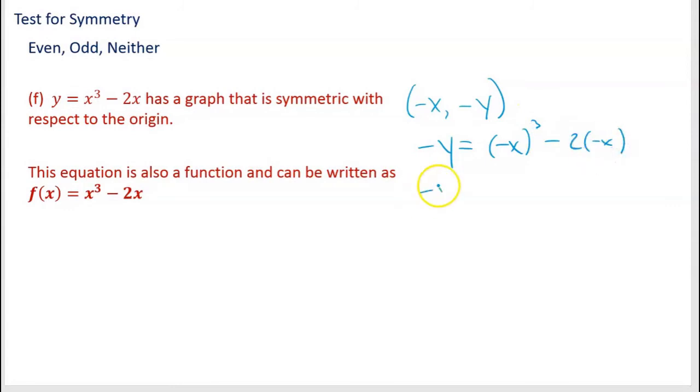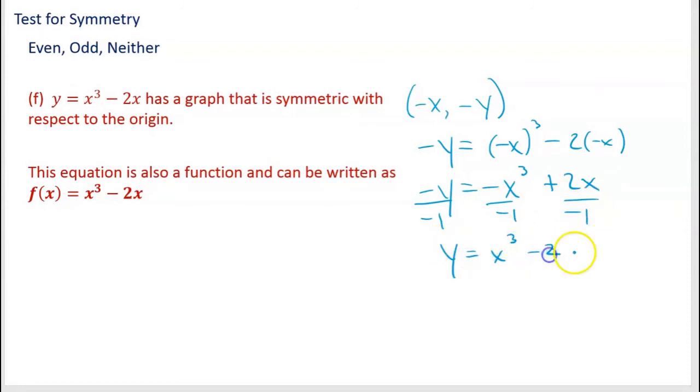I simplify, that gives me negative y equals, now negative x to the third is negative x to the third without parentheses. And negative 2 times negative x is plus 2x. Now right now that does not look like the original function. But if I divide everything by negative 1, that would give me y is equal to positive x to the third minus 2x. Notice that matches the original function.